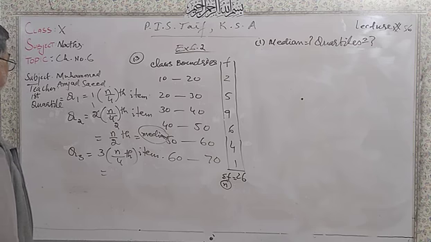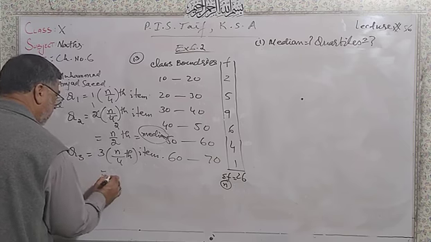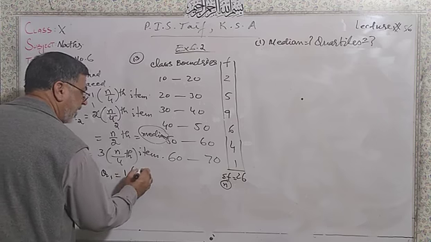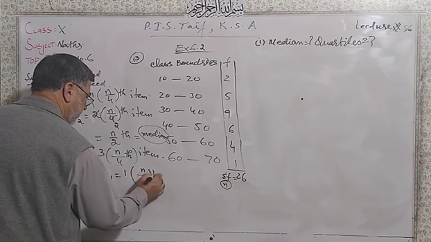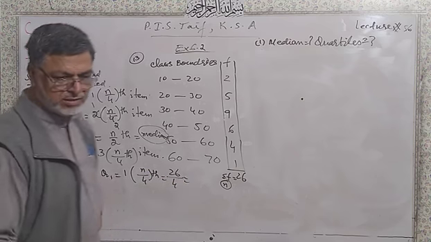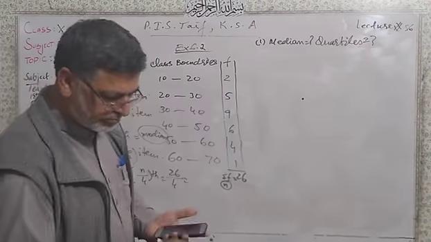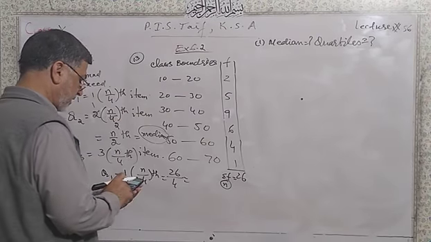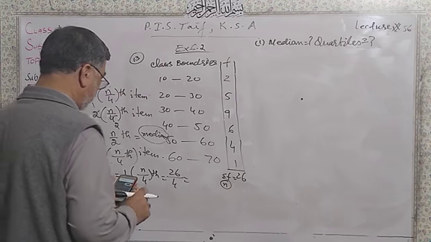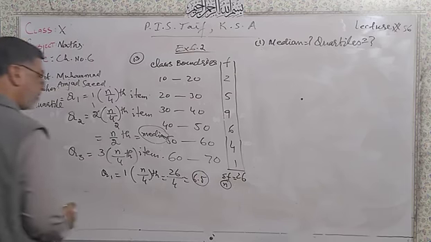So what will be Q1? Q1 is 1 into n by 4, n means 26 over 4, and 26 divided by 4 will be 6.5.